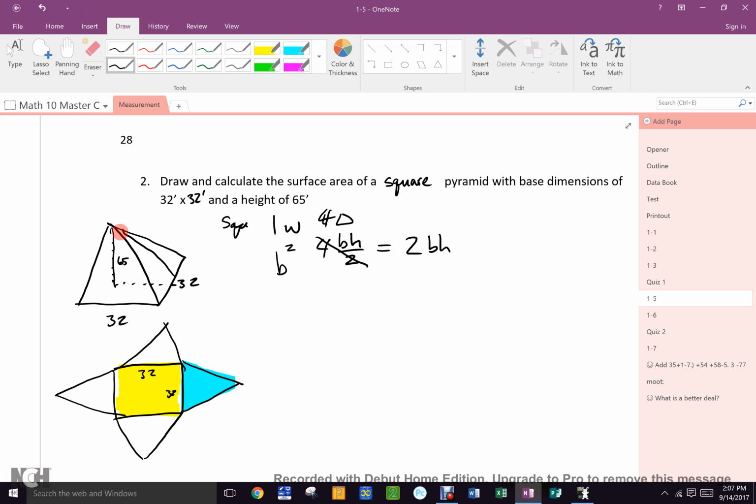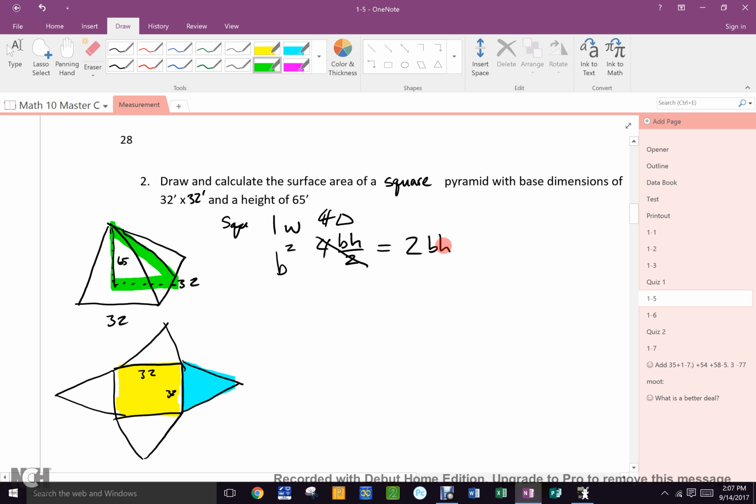Again, is the math complicated? It's just base times height. But is the concept complicated? Yes. So I need this height up here. How do I get that? What kind of triangle is this? A right triangle. Do I have a mathematical tool that finds the length of sides of a right triangle? A squared plus B squared equals C squared.